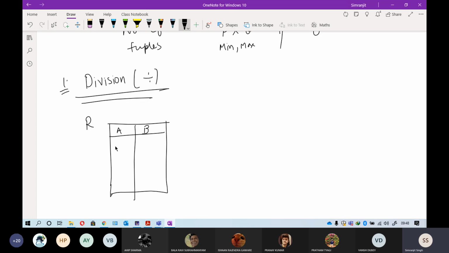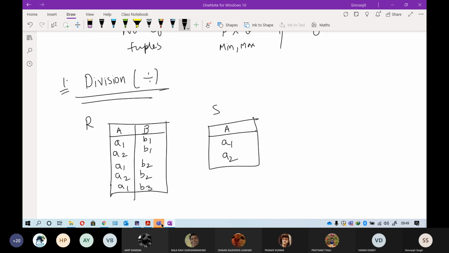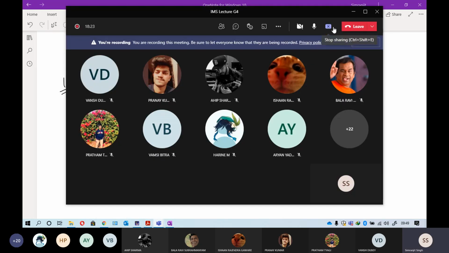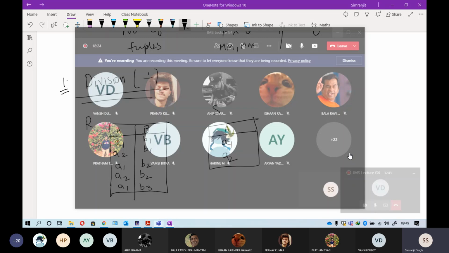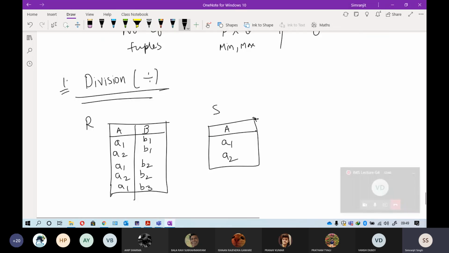The 2 columns are set in such a way like A1, A2, A1, A2, and then A1. The division should be between 2 relations because division is a binary operator.